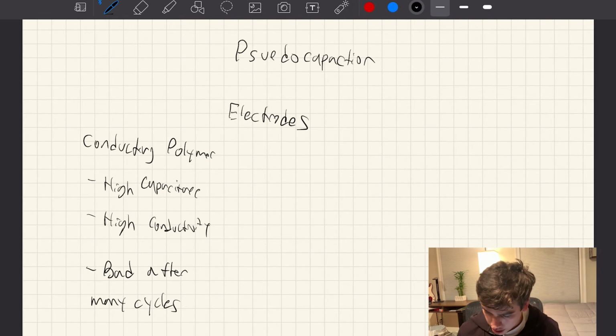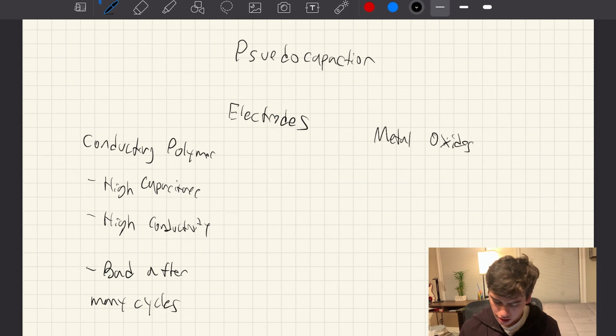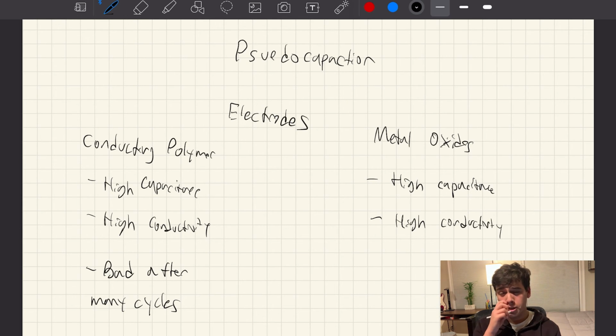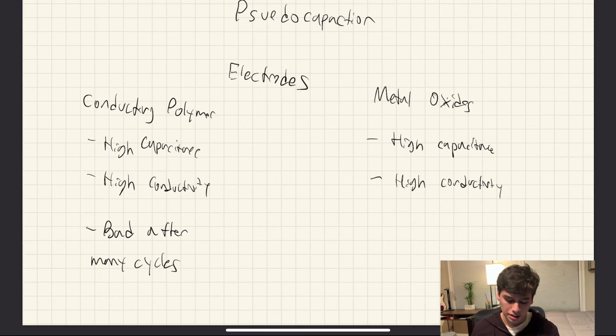But there is another type, and this is called metal oxides. Once again, these have high capacitance, and they also have high conductivity. Another thing that's special about these is that they have a low ESR.